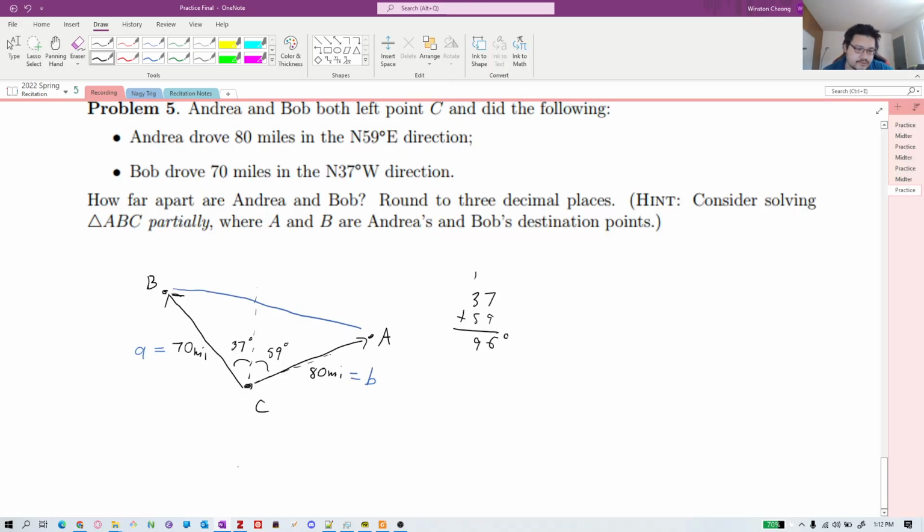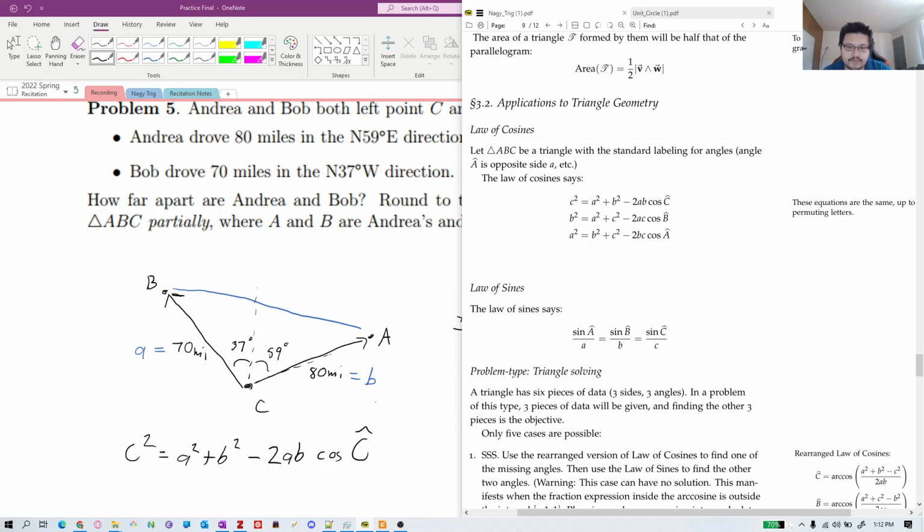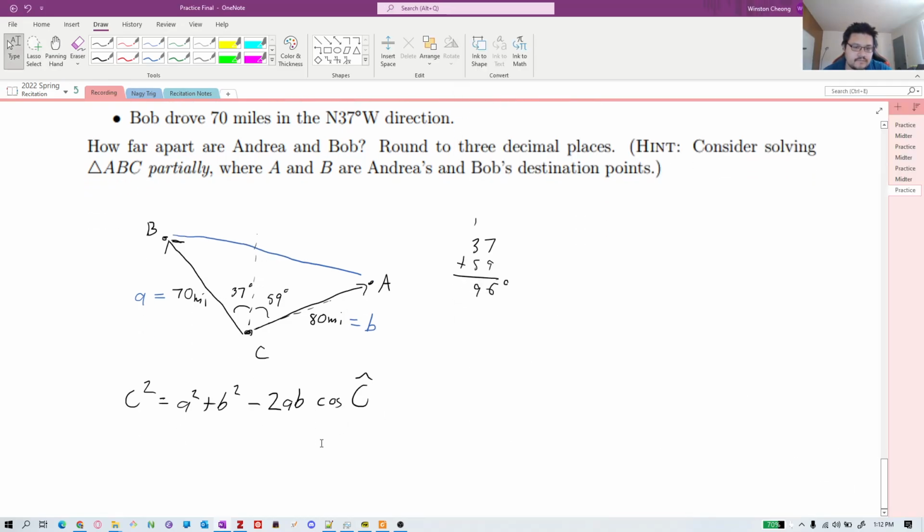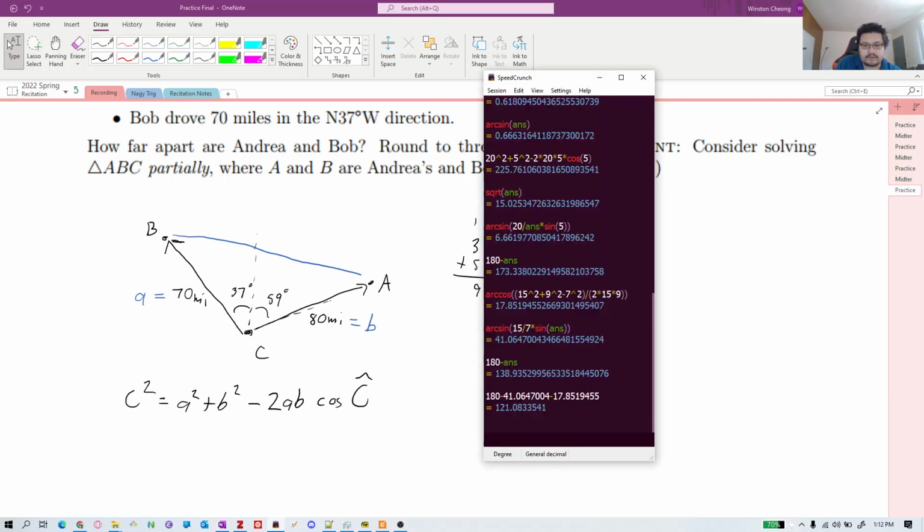C squared equals A squared plus B squared minus 2AB cosine C, with C being the angle. Okay, great. Let me just open up my calculator.